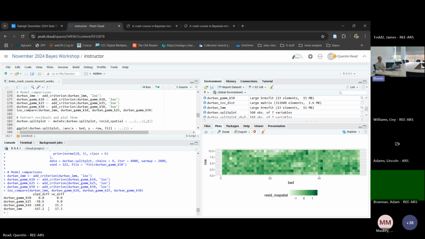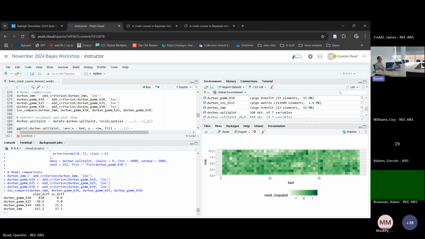In fact, the model that ignores the spatial autocorrelation is much worse than any of the spline models. So we can say we probably should go with that. And the higher the K, the better the fit. We probably could go even higher than 50, and it might be an even better fit to the data.